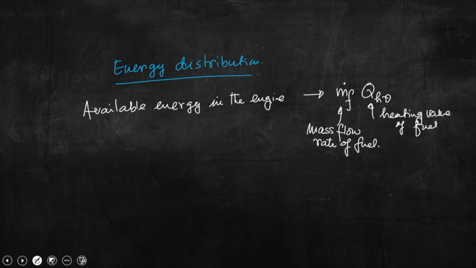Okay. So, this is the total amount of energy available. If we supply this much amount of fuel to the engine, we are supposed to get this much amount of energy, which is in the form of chemical energy, or stored energy in the fuel.